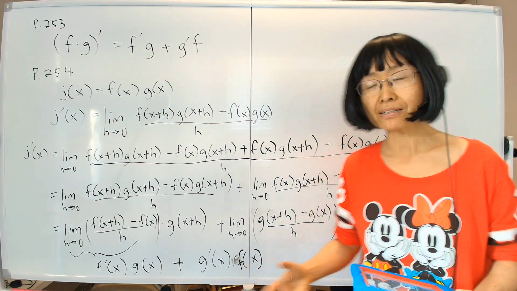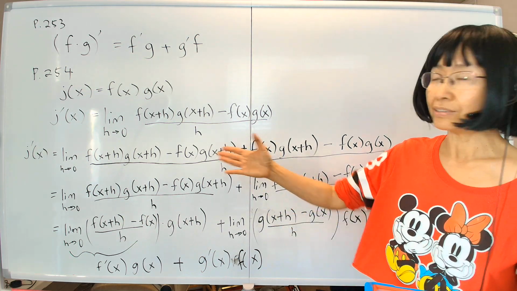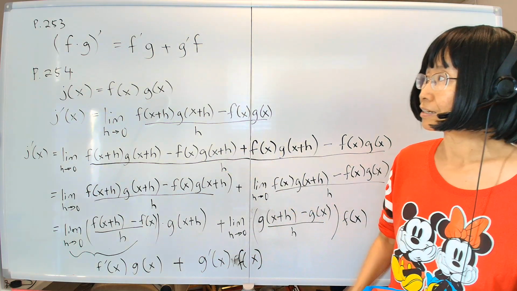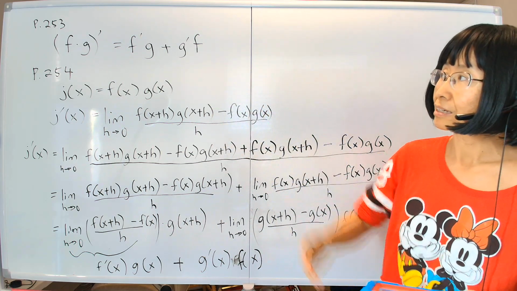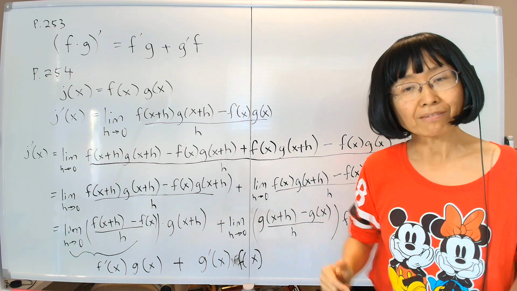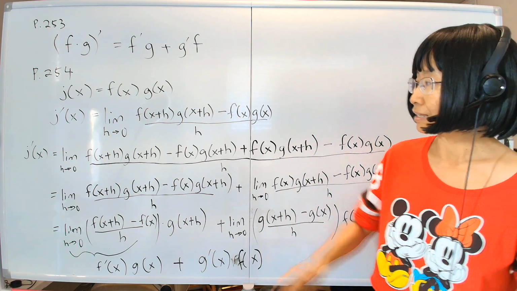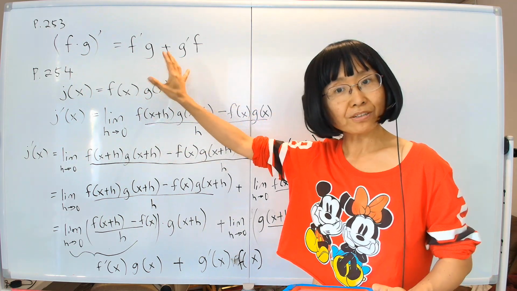And of course, the product rule has certain basic requirements. For example, f and g have to be differentiable, right? Otherwise, what are we talking about? We can't take a derivative if it's not even differentiable. But assuming all the background requirements are met, then this is called the product rule, and it's important for you to memorize it.